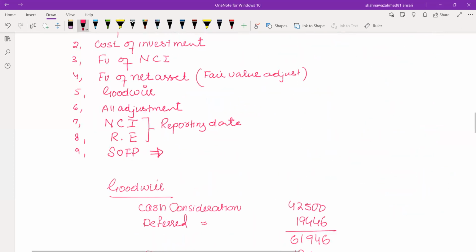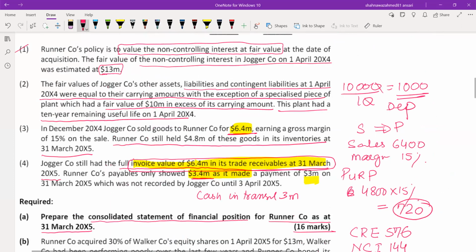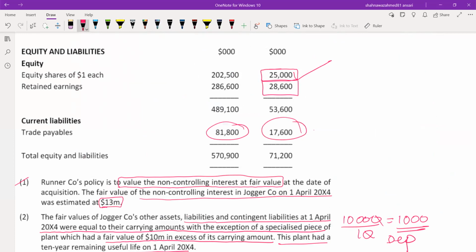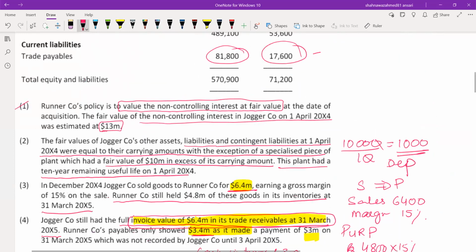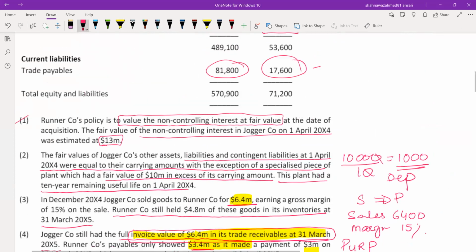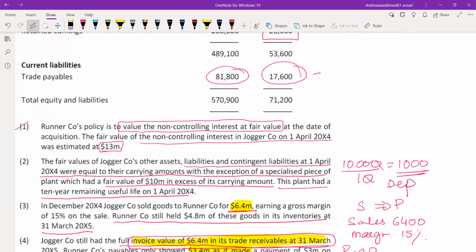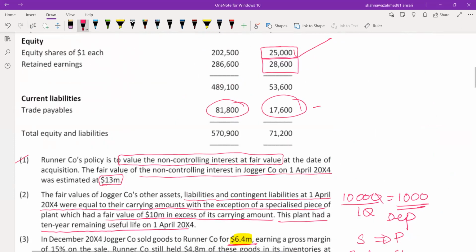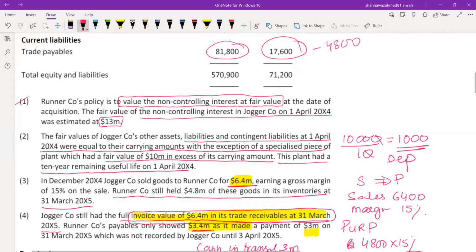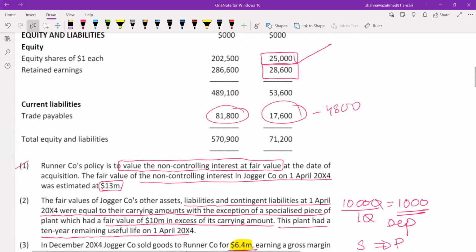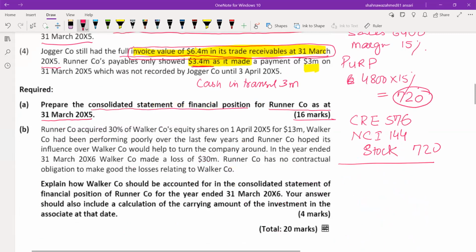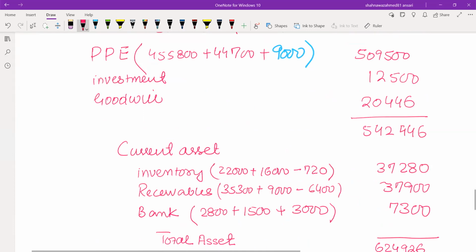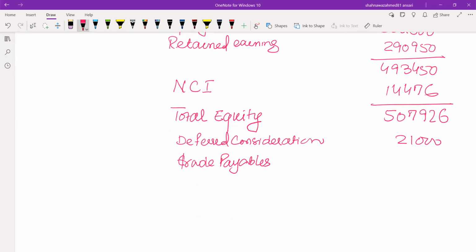See how many trade payables are there. So this plus this minus intra-group adjustment, and payables was 4.8 million. So we have to adjust 4.8 million. Wait 1 minute. It was 3.4 million rather than 4.8 million. It was 3,400.